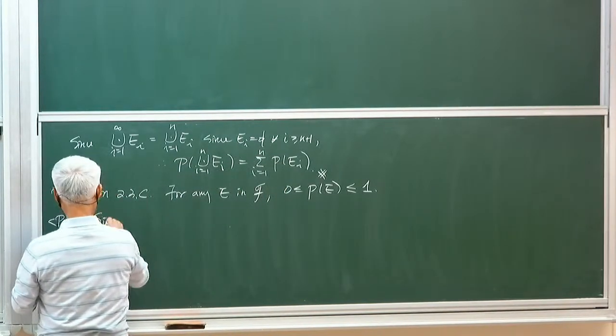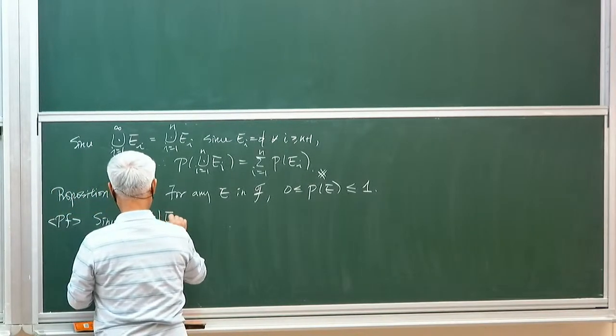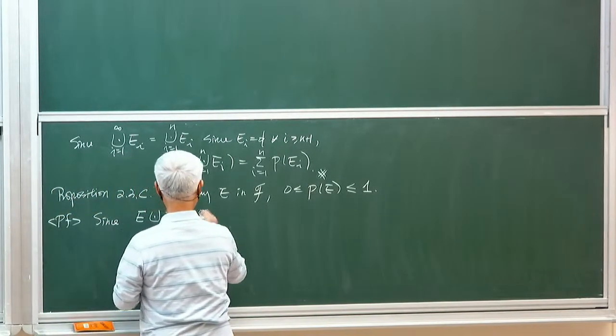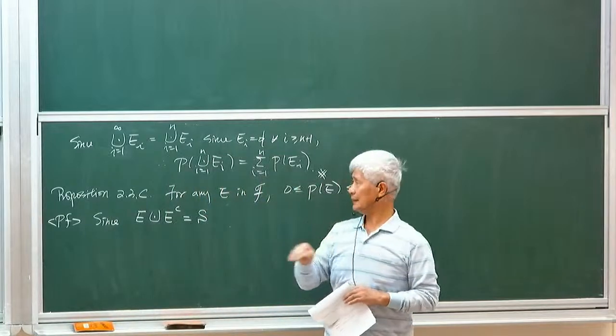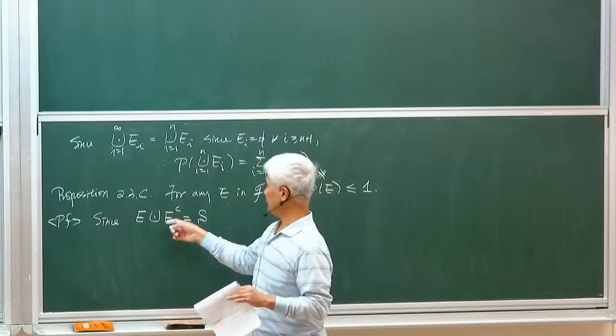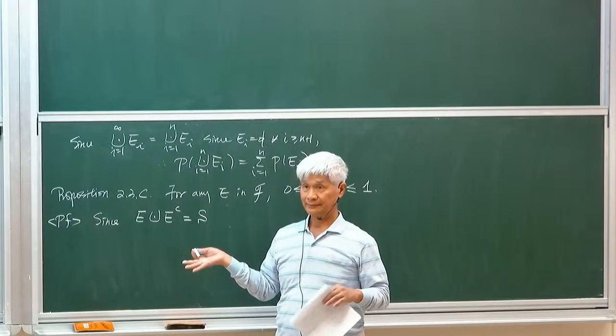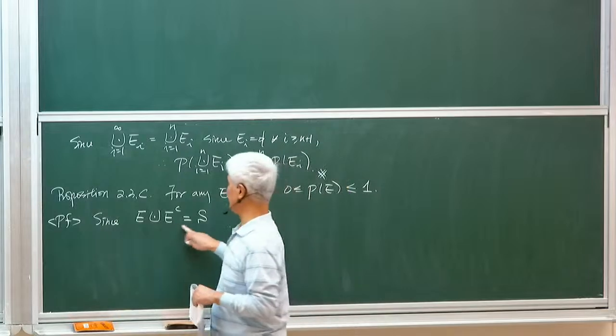All right, so since E and the E complement should be disjoint, of course, and when you take the union, they should be equal to the total event. Okay, so we have that.